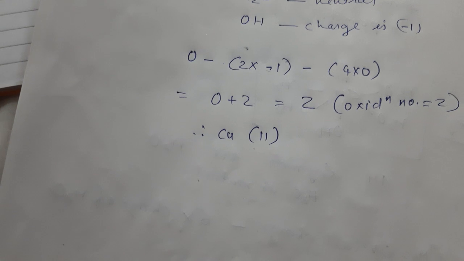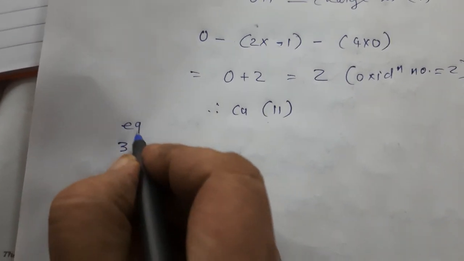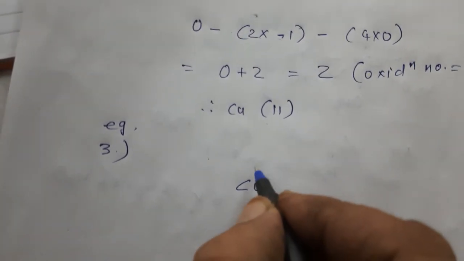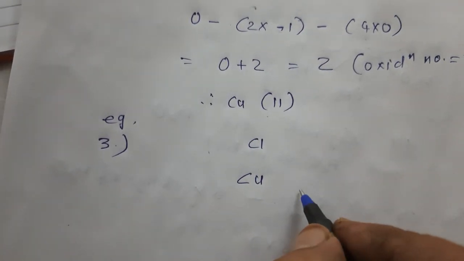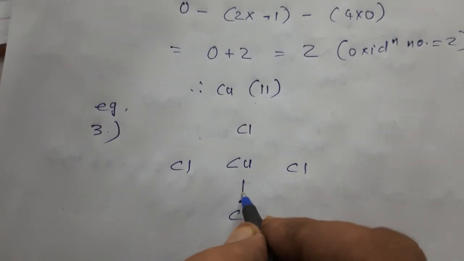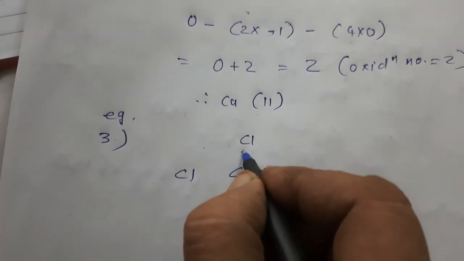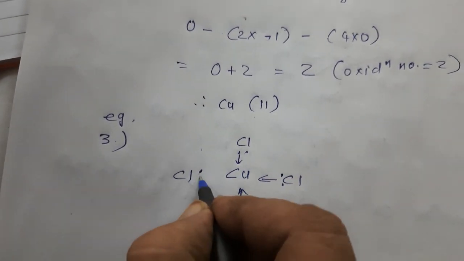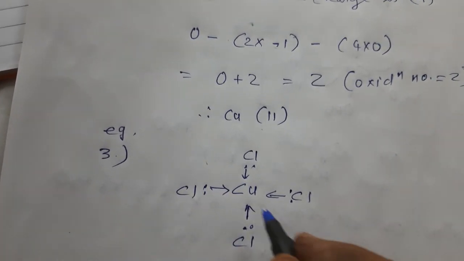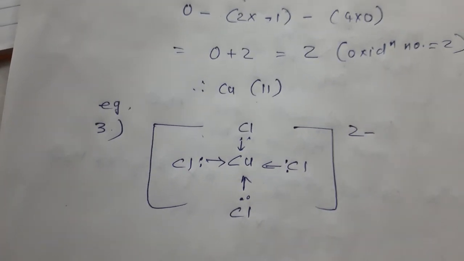Another example, if I show you, third example, it is Cu with Cl, Cl, Cl, Cl. Okay, so coordinate bond होता है इनके बीच में, पता ही है लिगैंड के बीच में. So it is like this. Fine. And in total overall charge is 2 minus.